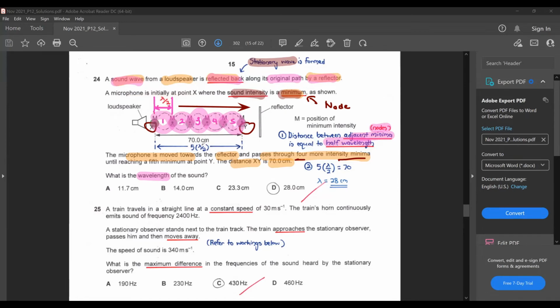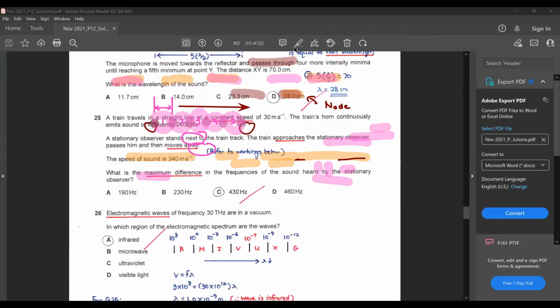So you have 5 half wavelengths corresponding to 70 centimeter. So 5 half wavelengths equals 70. Therefore, one wavelength is 28 centimeter. So this one is pretty straightforward. Stationary waves, you most of the time need to draw. It's only by drawing that you understand it better. Right, then you look at question 25.